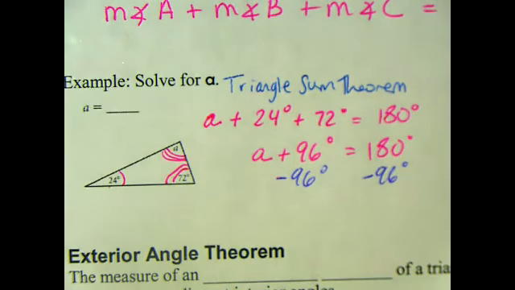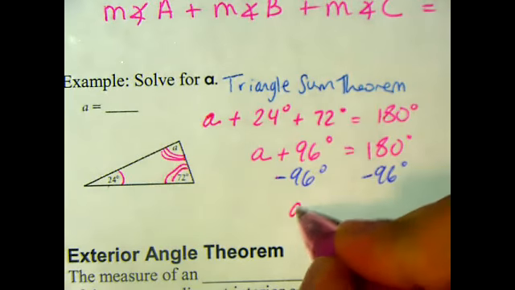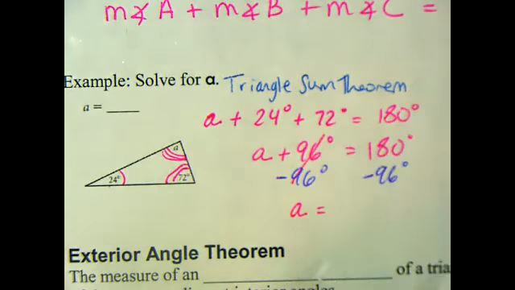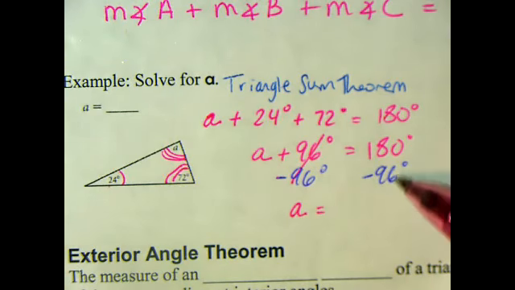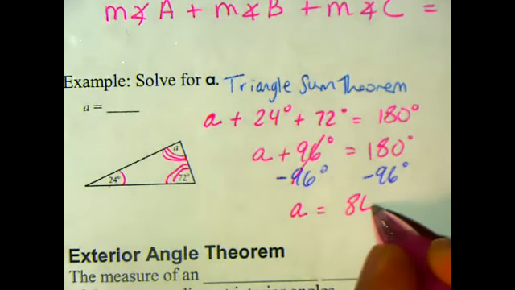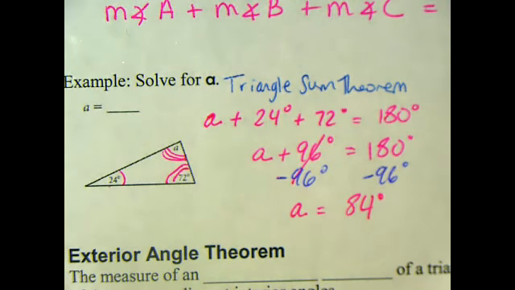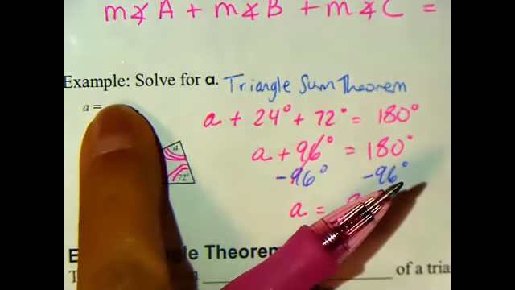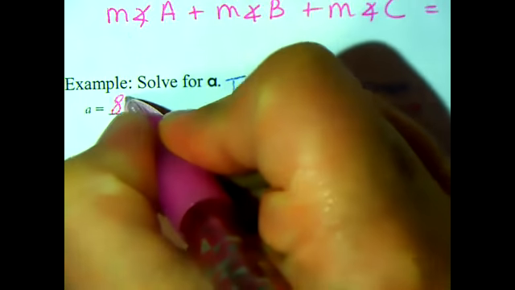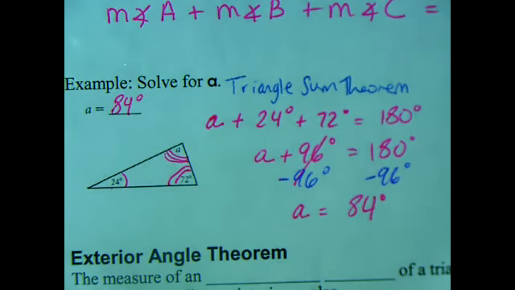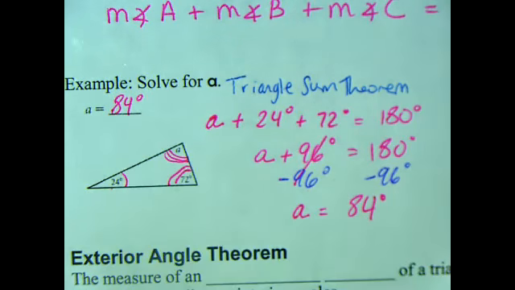That's going to leave me with A is equal to, these cancel because positive and negative, 180 degrees minus 96 degrees, which is 84 degrees. And that's my missing angle right there. So A is equal to 84 degrees. That's all we needed. We needed to solve for A.